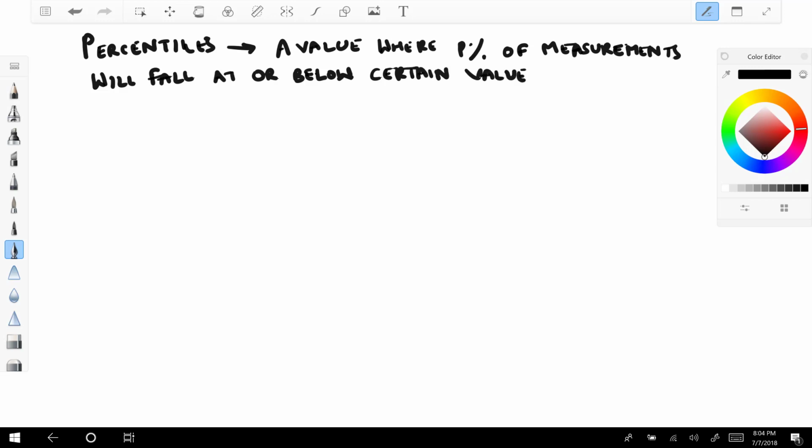So, to calculate percentile, these are the steps we need to follow. The first step would be, for any given data set, we have to arrange the data set in ascending order.